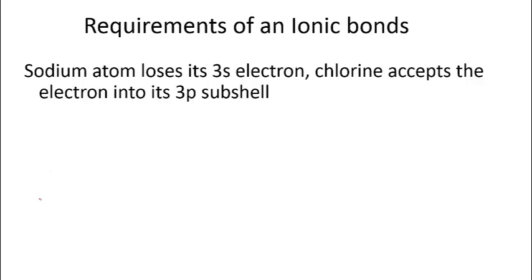So when sodium loses an electron, its atomic number Z still stays the same. So sodium now has a positive charge associated with it, and its electron configuration, when it loses that electron in the 3s orbital, is that of neon.